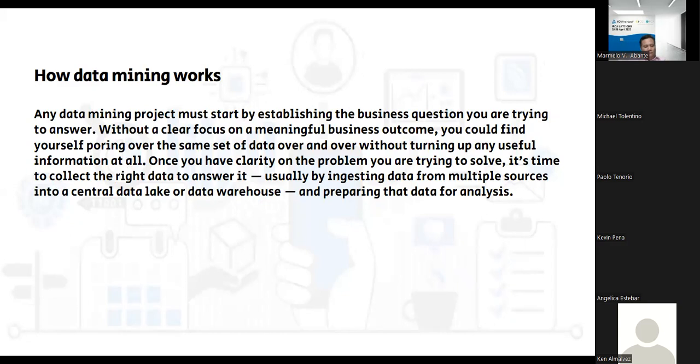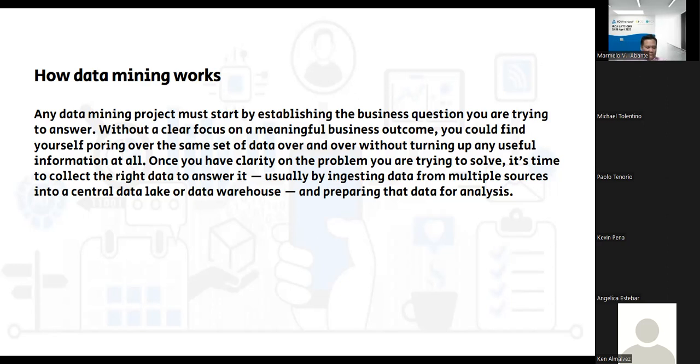Any data mining project must start by establishing the business questions you are trying to answer. Without a clear focus on a meaningful business outcome, you could find yourself poring over the same set of data over and over without turning up any useful information at all.